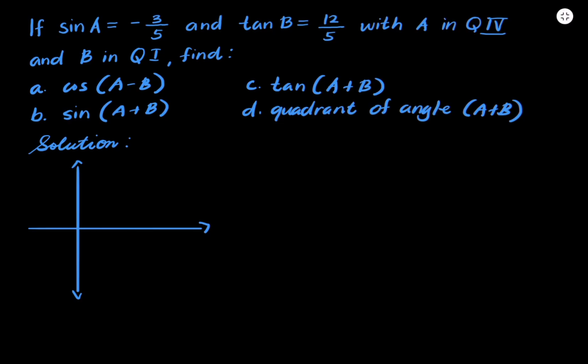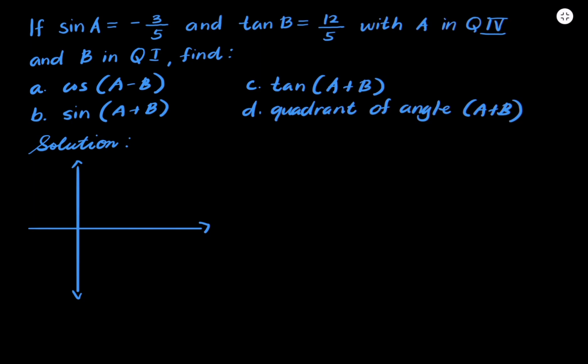Okay, so sine A equals negative 3 over 5. Using SOHCAHTOA, sine is opposite over the hypotenuse. And since angle A is in quadrant 4, x is positive and y is negative, right?